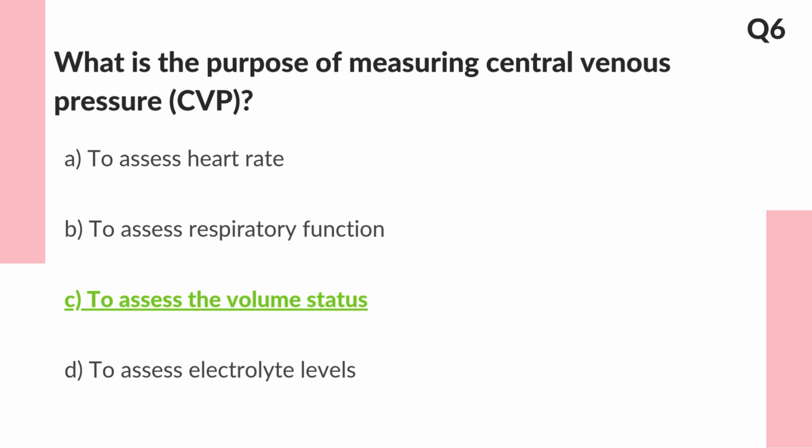All right, so let's also have a look before we move to the next question. Let's also have a look at how it is measured through a pressure transducer. So usually you have a line, and the line is connected to a pressure transducer.